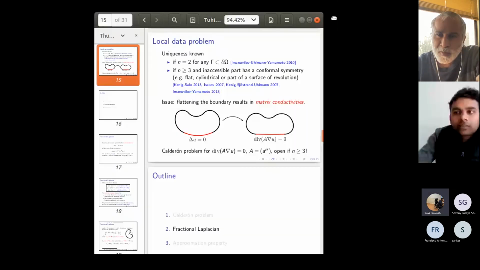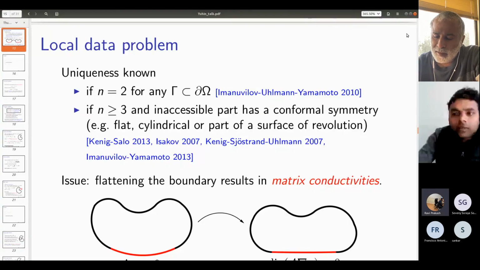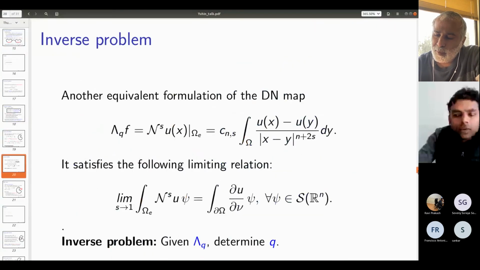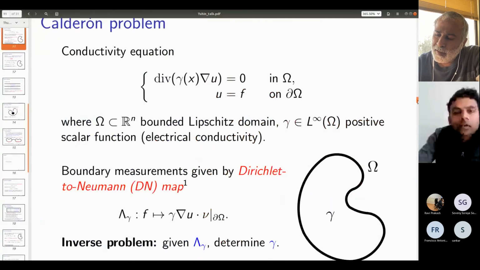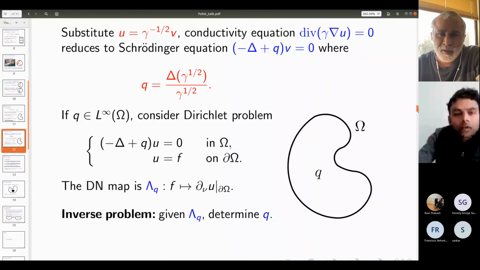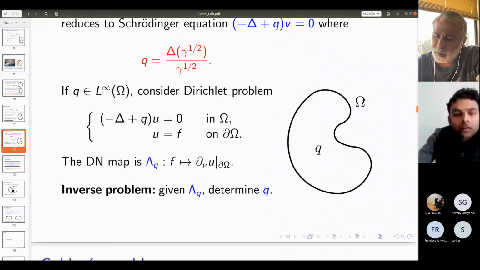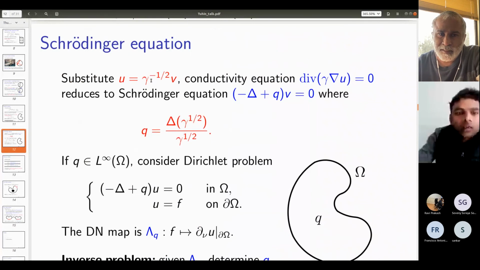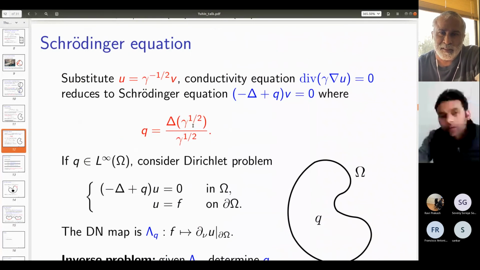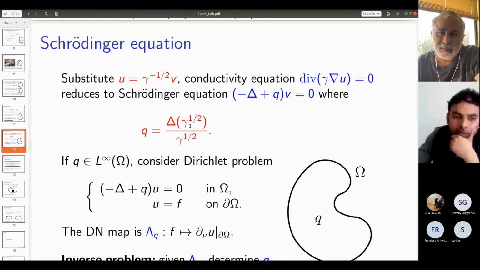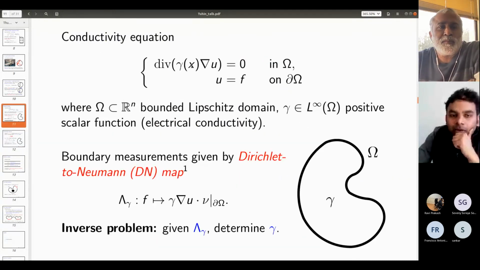This transformation you made to change the coefficient to a potential, it can only work when the coefficient is smooth, right? Or can it work when they are not smooth? I mean, yeah, you need W^{1,∞}. That's one way. I can tell you one simple change. If you apply the derivative here, one derivative gives gamma times Laplace, and the second term will be grad gamma dot grad u.